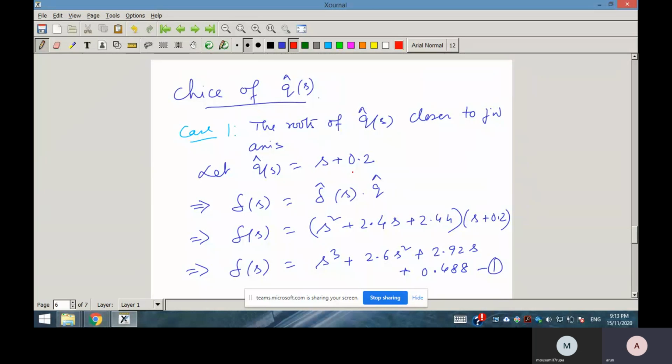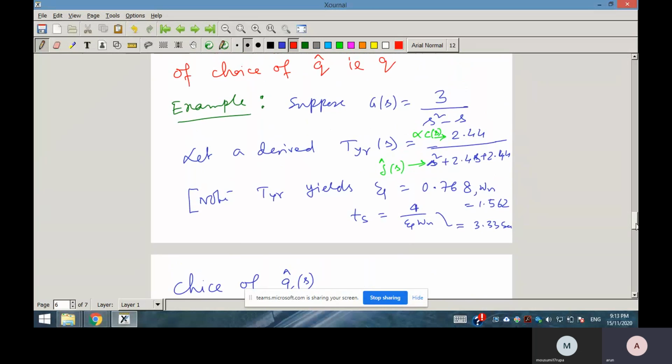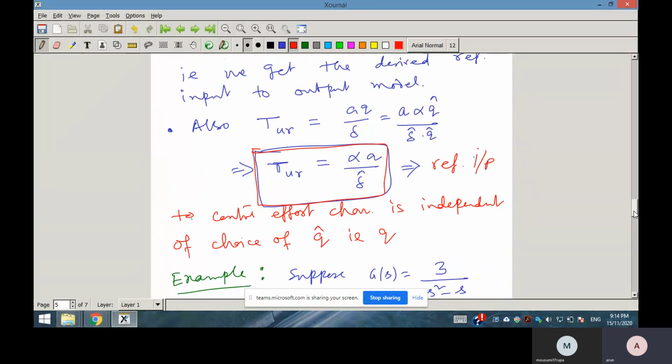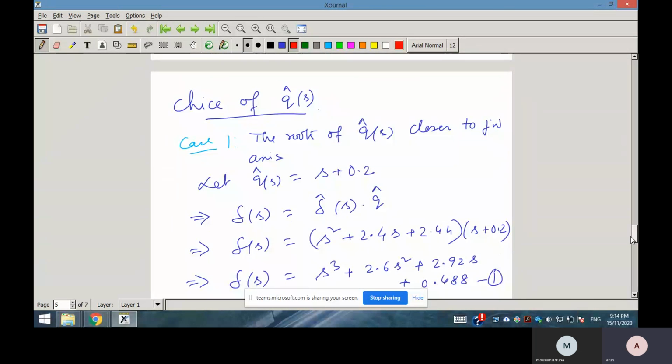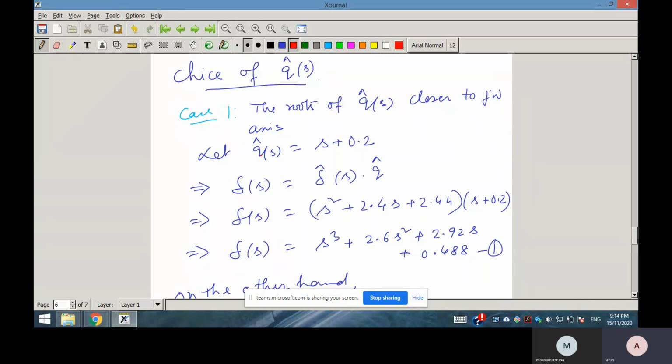All those things we will see. I know that the T Y to R response and U to R response will remain unchanged, as we have derived. But what will be the impact on the loop transfer function characteristics of Q hat?